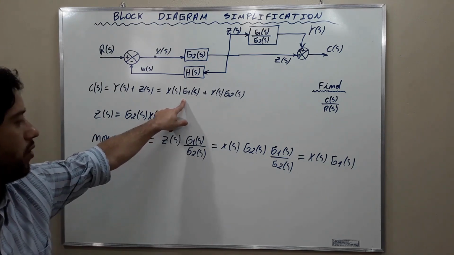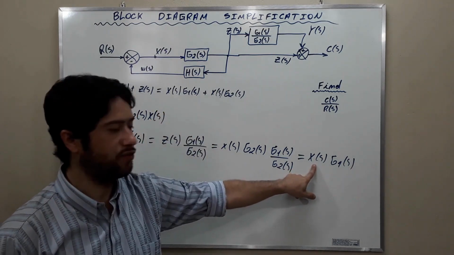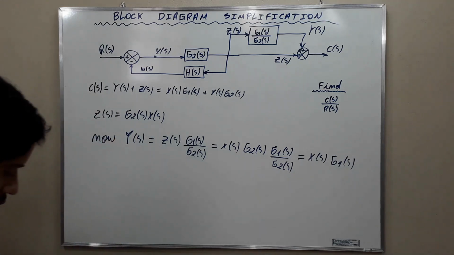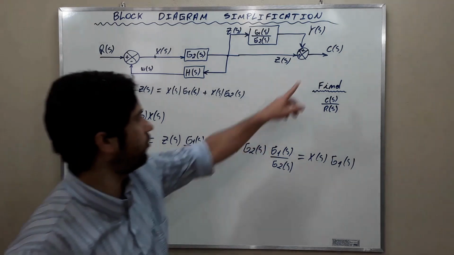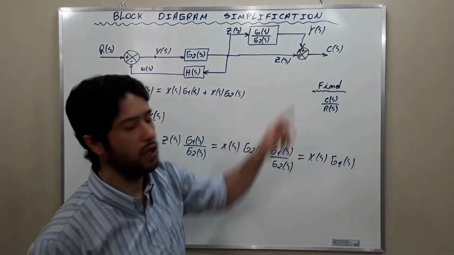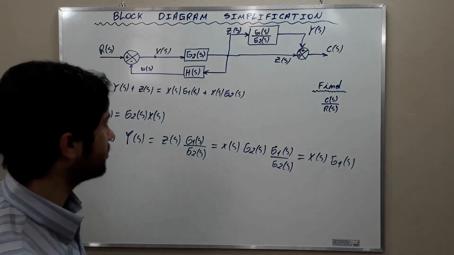Then we've proven that everything is under control. This move is right. C of S is Y of S plus Z of S.